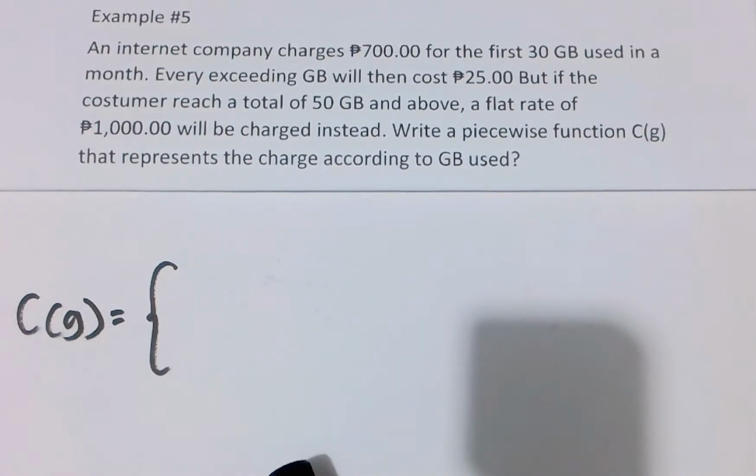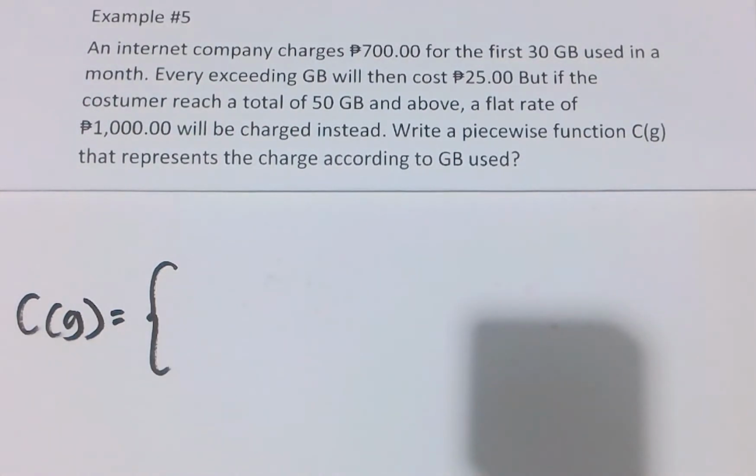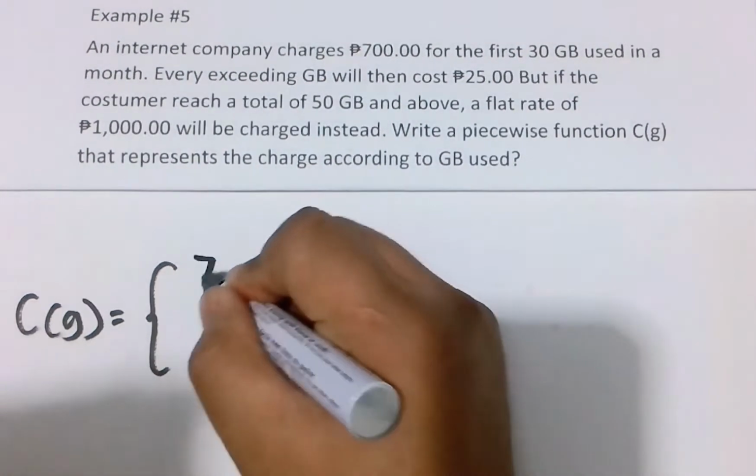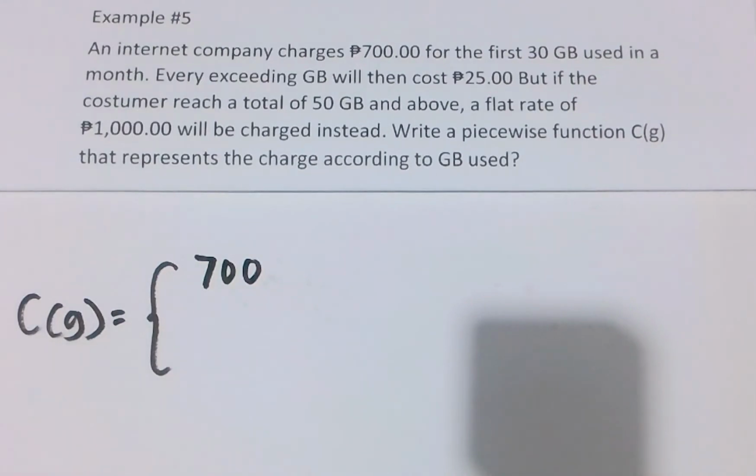So, the first condition is 700 pesos daw ang babayaran ng customer sa internet company kung makagamit siya ng 30 gigabytes or kahit mas mababa doon. So, therefore, ang babayaran niya dito ay 700 and that is fixed amount or fixed charge.